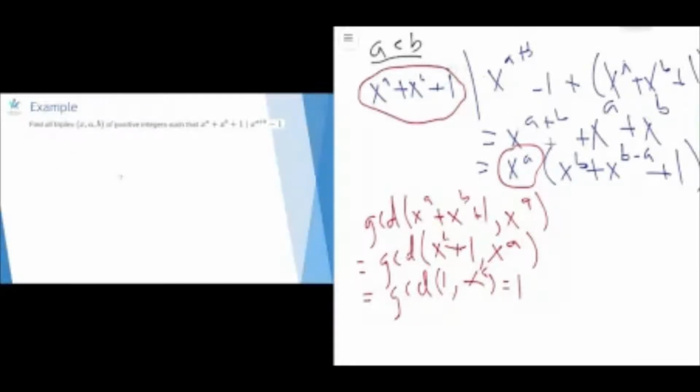So what that means is that any factor of x to the a plus x to the b plus 1 can't divide x to the a, right? So it all has to divide the other part of this right-hand side.